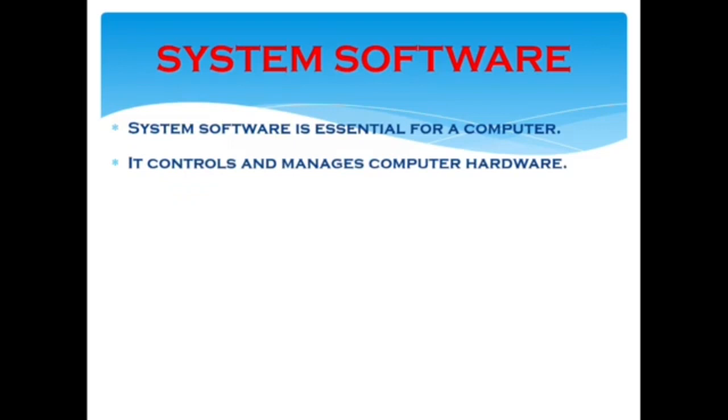I told you, hardware means the physical parts of the computer, that is keyboard, mouse, printer, speaker and all. So this system software controls the hardware, like a teacher controls the class.